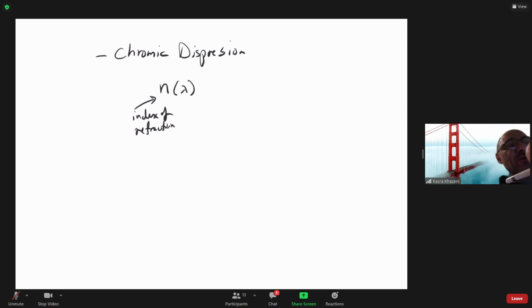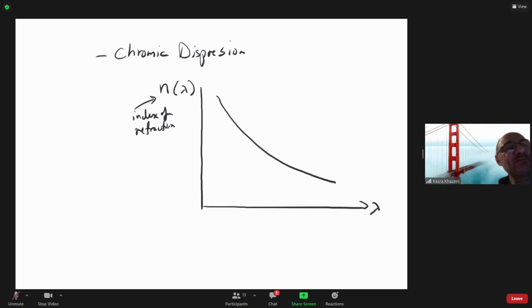Okay? So if you were to plot index as a function of wavelength, usually you find something like this. This is just an example. Maybe for water it goes from 1.5, and by the time it gets here, it's 1.4. And this is the wavelength of, say, blue, 380 nanometers.